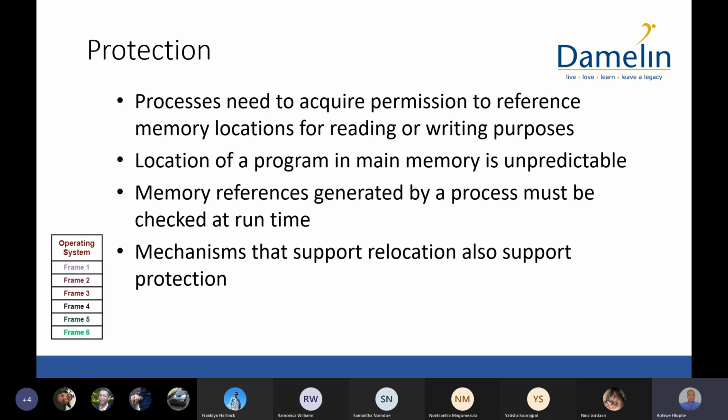We don't want one process accessing data from another process within the memory during execution. So there's protection, there's independence between these processes unless there's permission granted by the OS. That is a very important security feature put in place.